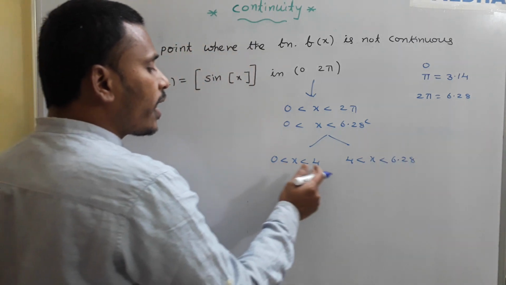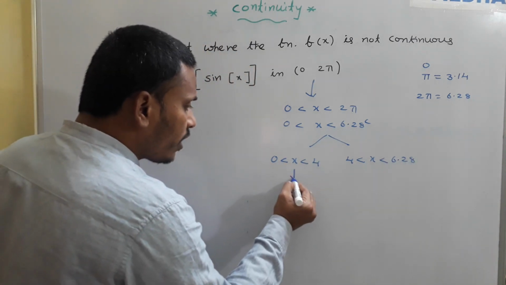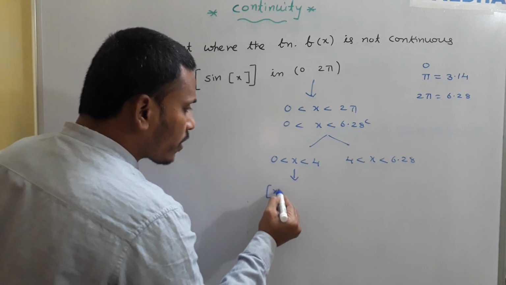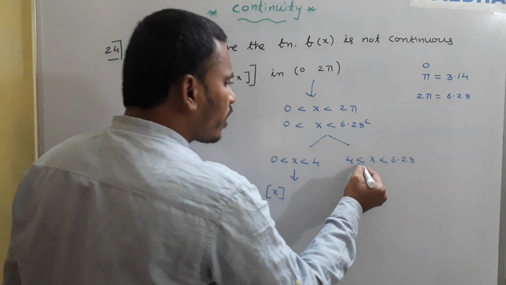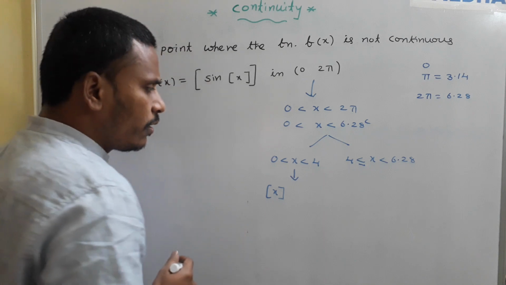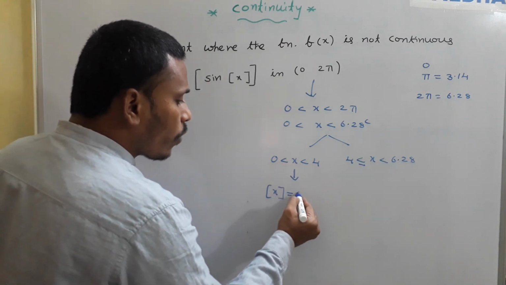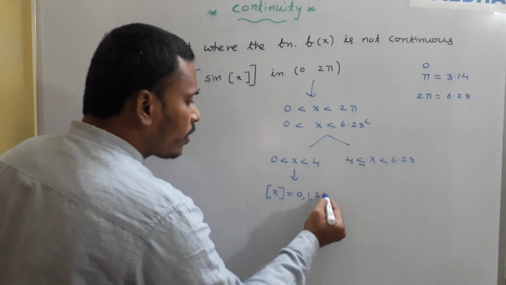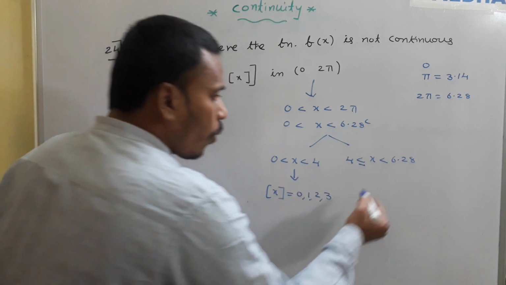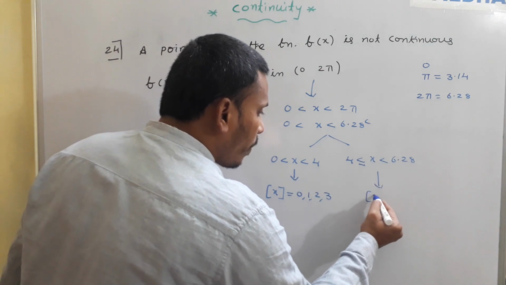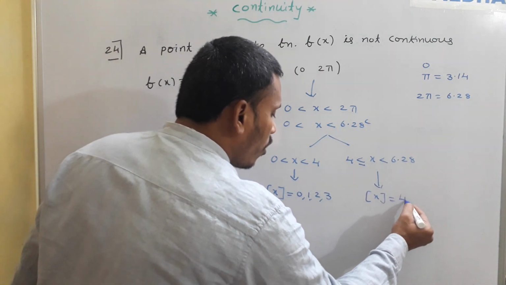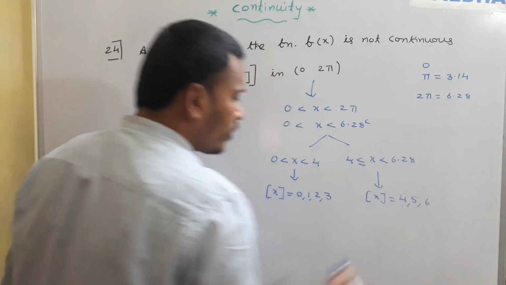If 0 < x < 4, then what do you say about [x]? Here you take equal to 4 and leave less than 4. For 0 < x < 4, [x] values are 0, 1, 2 or 3. Whereas in this case, [x] values are 4, 5 and 6.